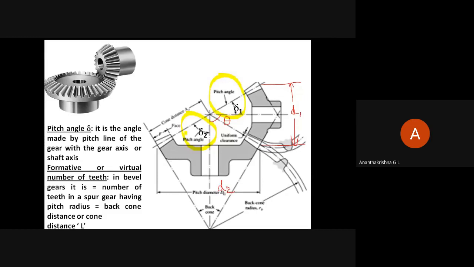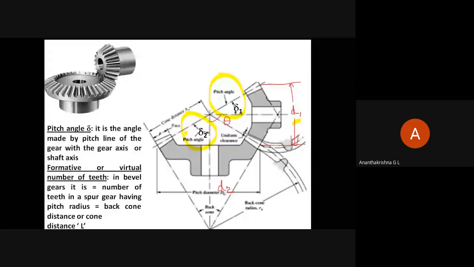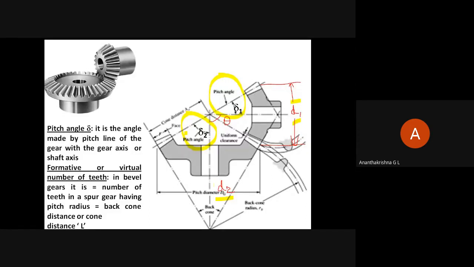And D1 and D2 are pitch diameters of pinion and gear. And this is the back cone angle, and this is the cone distance, and this is the back cone radius.